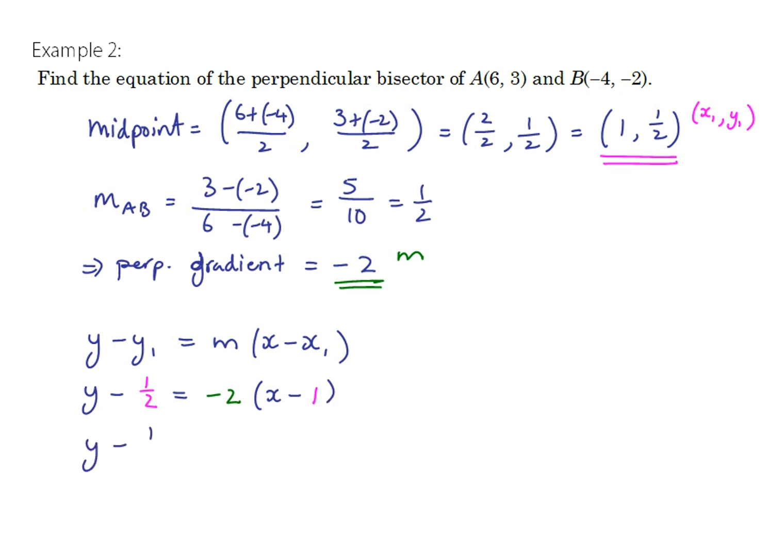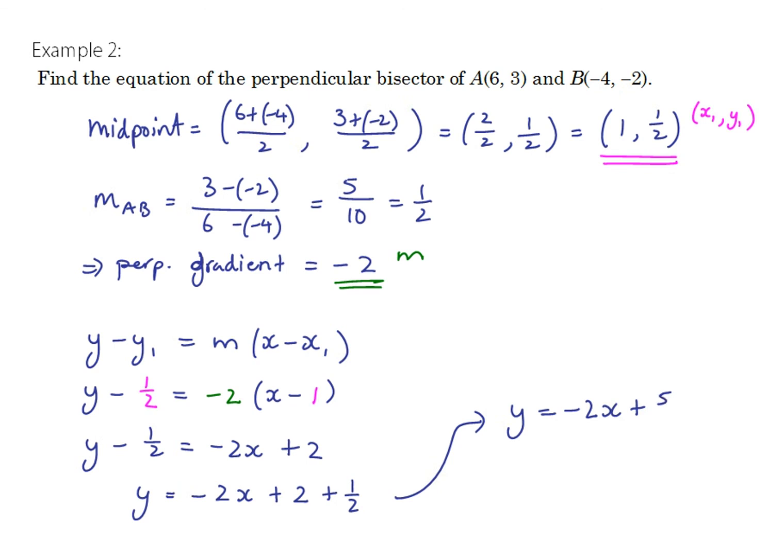Expanding the right hand side, add 1/2 to both sides. So 2 plus 1/2 is 2 1/2, which is 5 on 2. So y is equal to negative 2x plus 5 on 2 is the equation of my line. Again, you could use y equals mx plus c if you prefer that as your method for finding the equation of a line.